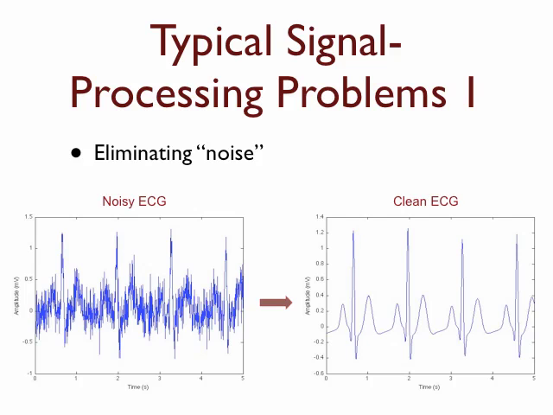There are three different classes of typical signal processing problems. The first one that we'll talk about is the problem of eliminating noise. In this figure, we've got a graph of what I'm calling a noisy electrocardiogram. I say it's noisy because as you look at this waveform, you see there's lots of discontinuous behavior. The signal seems to jump up and down quite a lot.